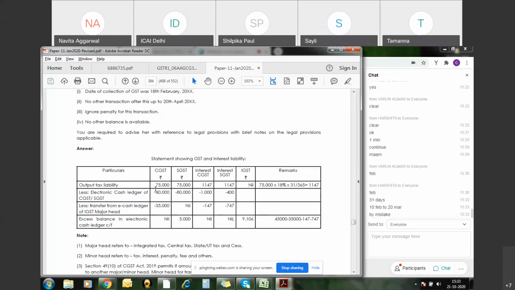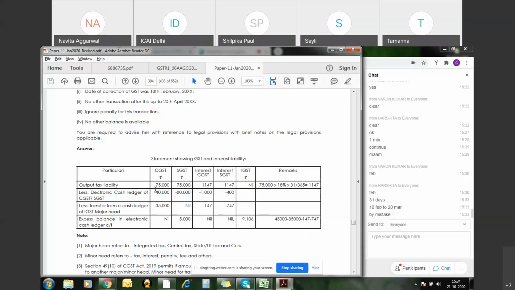No, they are due to make the payment as on 20th March. The tax on outward liability of February month is liable to be paid by 20th. You must have studied the dates for depositing the tax under GST.